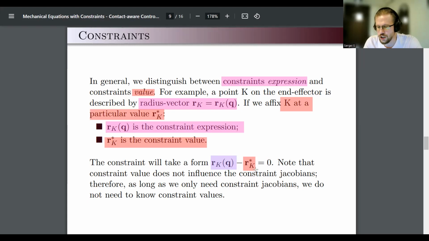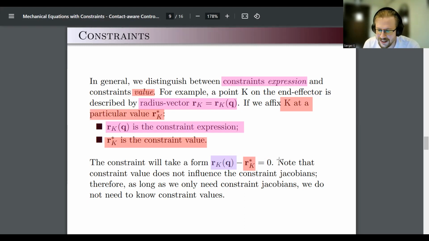And to achieve this, we shift everything to the left-hand side and we say constraint expression minus constraint value is equal to 0. We could have written it as constraint expression equals constraint value. I don't think any of this would have made it more intelligible or easier to read. It's just one of those things. You understand it, and then it becomes clear. Before you understand it, it's not going to be clear, no matter how you write it. So this is what it is.